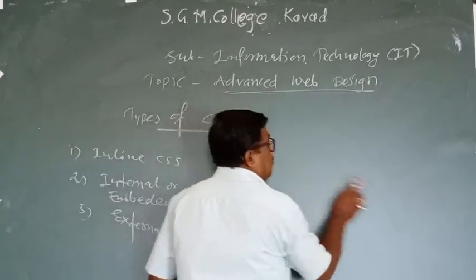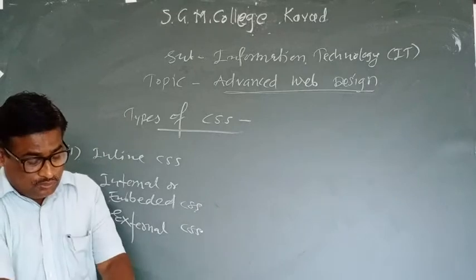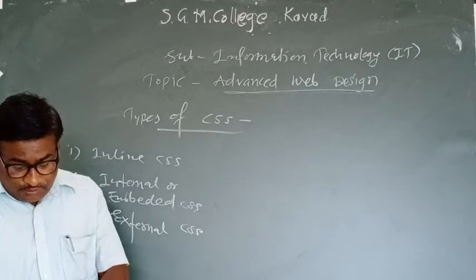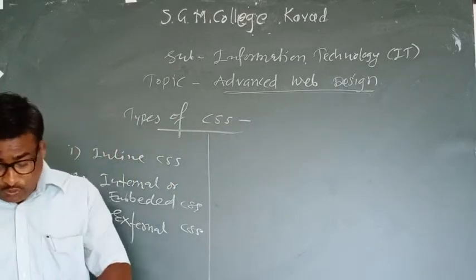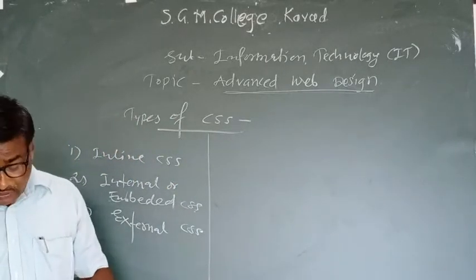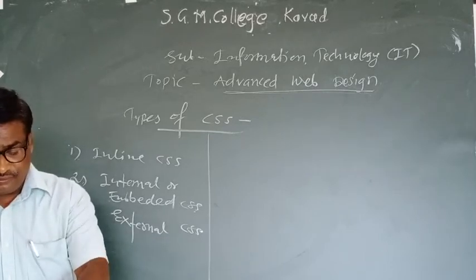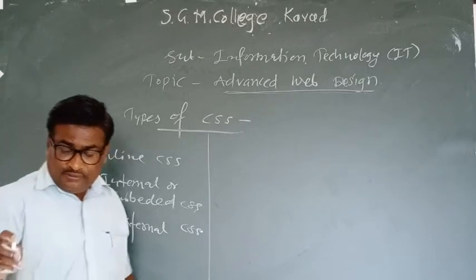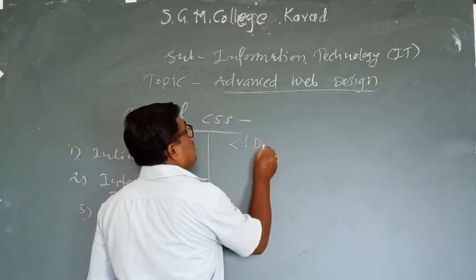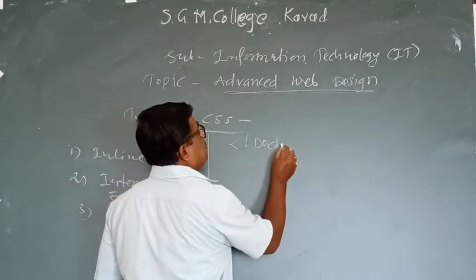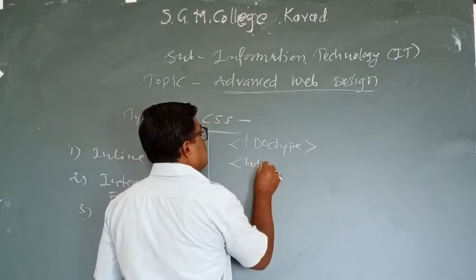For that purpose, we have to know the basic program for HTML, and apply the syntax of CSS here. In inline CSS, we write the same program: doctype, then html.